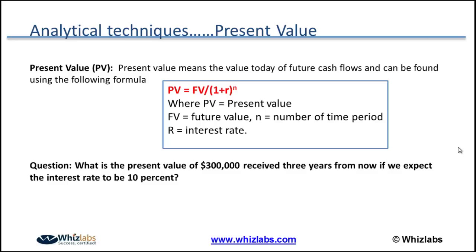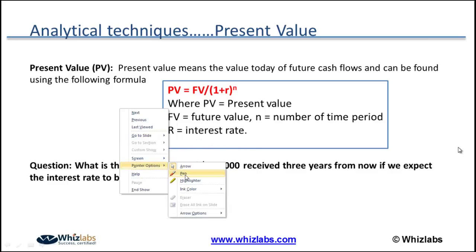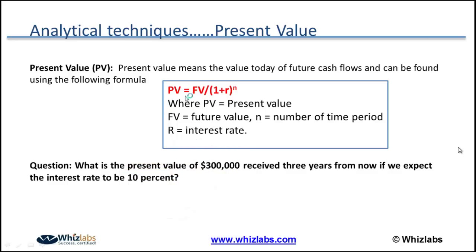So what does present value mean? Present value means the value today of future cash flow, and the formula to calculate present value is PV equals FV divided by (1 plus R) raised to N, where PV is present value and FV is future value.